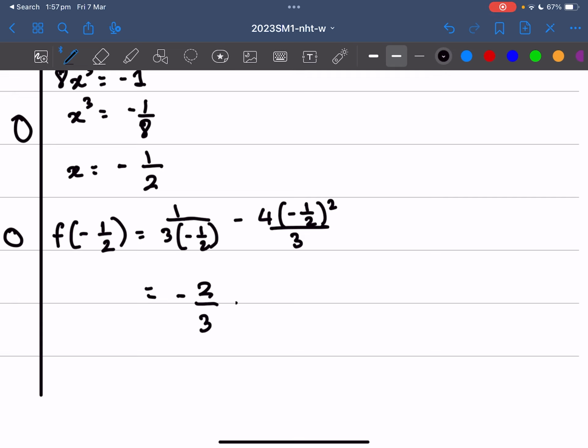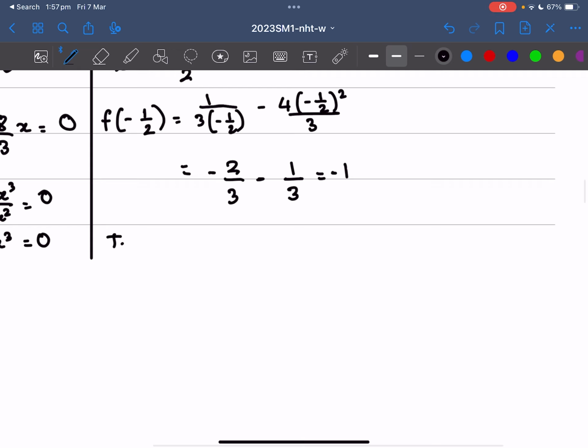And then this would become minus 1 on 3, because 1 on 2 squared is going to cancel the 4 out. This 4 will be gone, leaving us with just 1 on 3. And that is equals to minus 1.